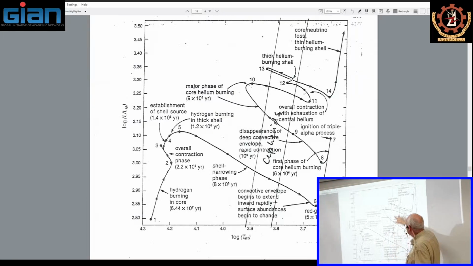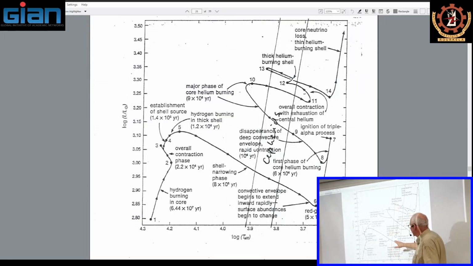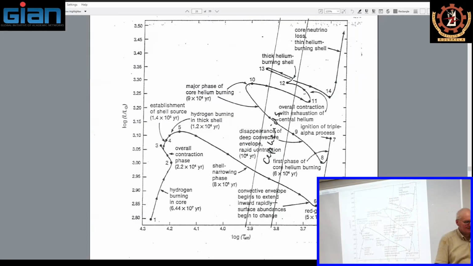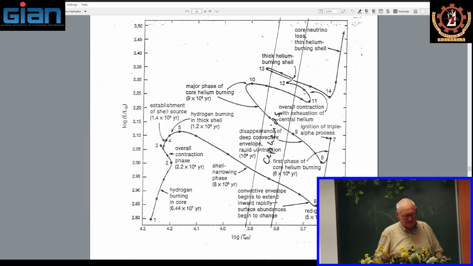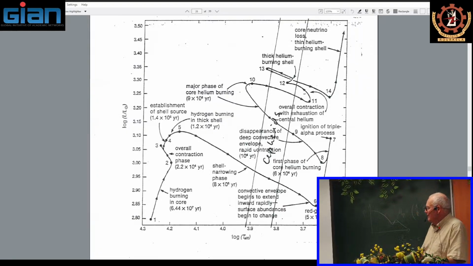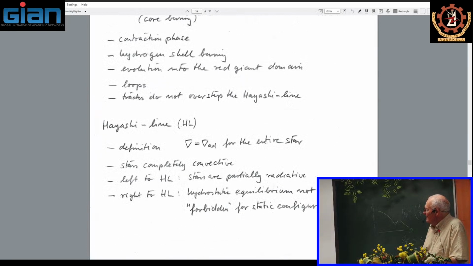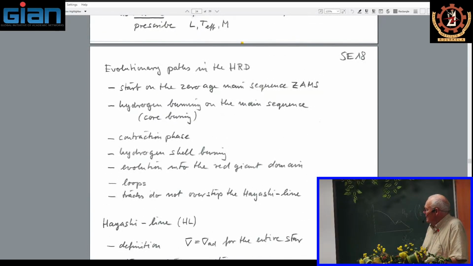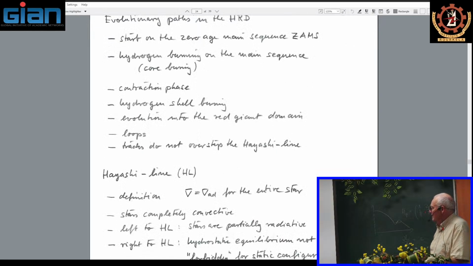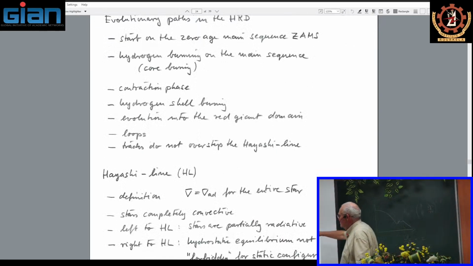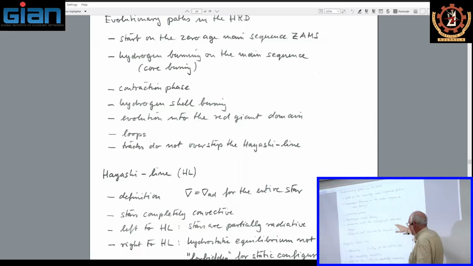So there is a strip where the star starts to pulsate. Whenever it crosses it, it starts to pulsate as a Cepheid variable. This is an example of how this looks. Well, several loops. The tracks do not overstep the Hayashi line.